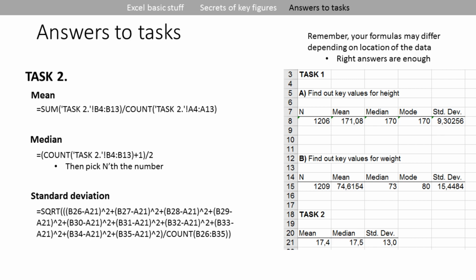And here is the second task, and here of course you had to calculate more by hand, and that would probably be aggravating. I know, I'm sorry, but this is how you learn. So I did the calculations like this. I clicked all the cells needed in a different sheet, of course. That's why I have the task number 2 there.